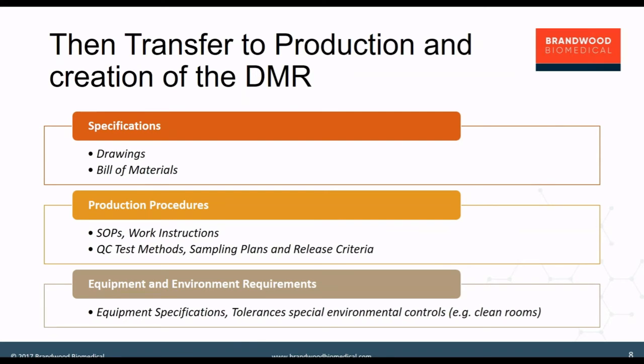And when it comes to equipment and environmental requirements, obviously all the equipment specifications which are required to maintain the design to its current state, tolerance and special environmental controls as well, will be incorporated into that DMR.